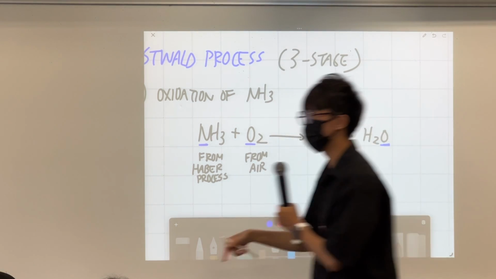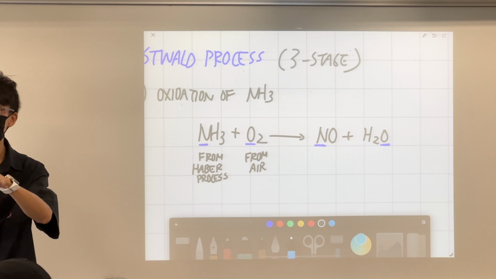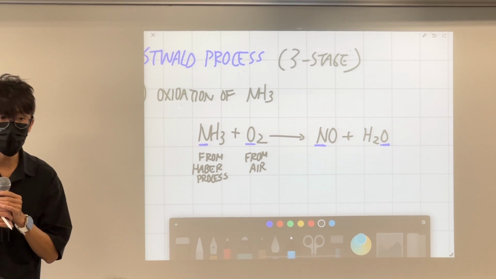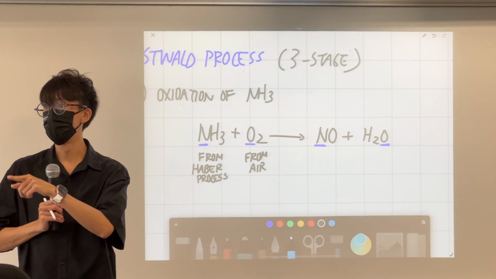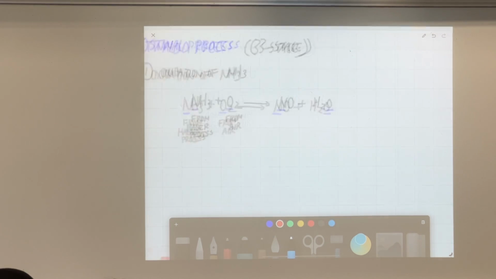The others you need to calculate using the fact that H prefers to have an oxidation number of +1 in compounds. O prefers to have an oxidation number of -2, except in hydrogen peroxide. What is the oxidation number of O in peroxide? -1. Remember. Okay, so put down this if you forgot the redox chapter.